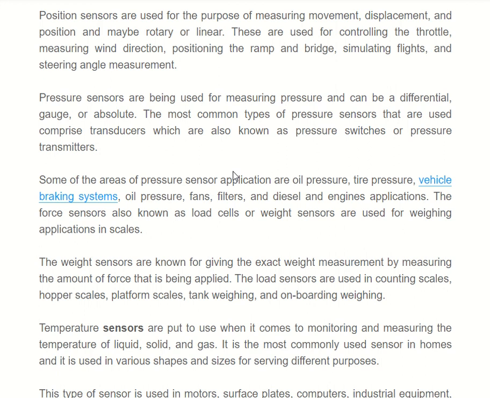Whenever you go to the petrol pump, you will see the air compressor over there, which allows you to fill the air in the tire of your vehicle and measure the pressure of it. So it comprises a pressure sensor, vehicle braking system, oil pressure, fans, filters, diesel and engine applications.